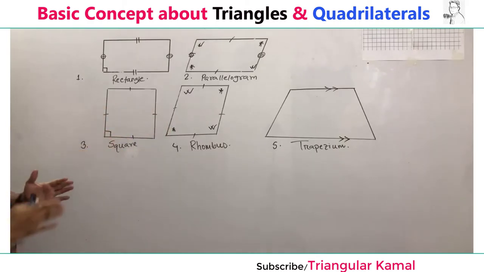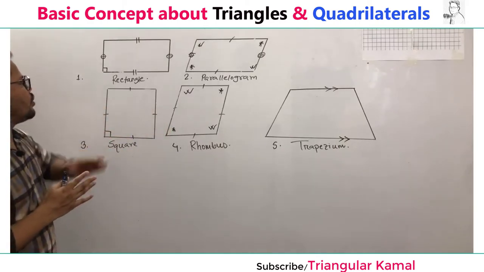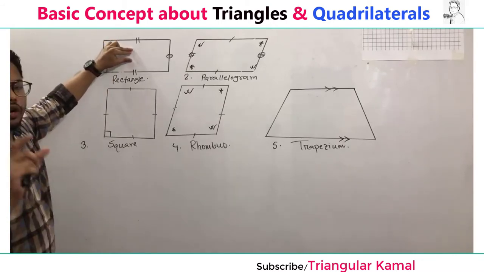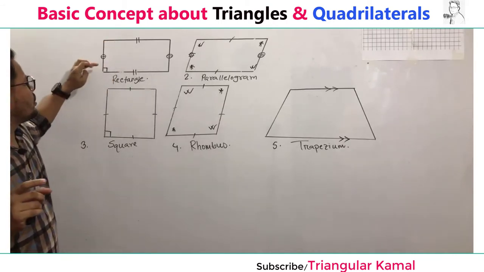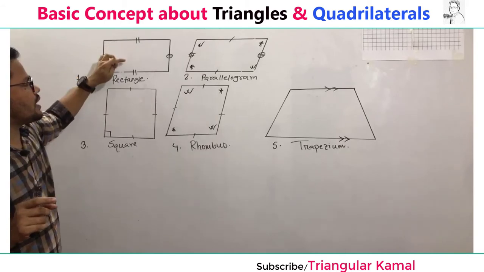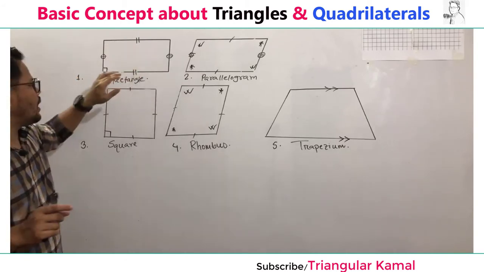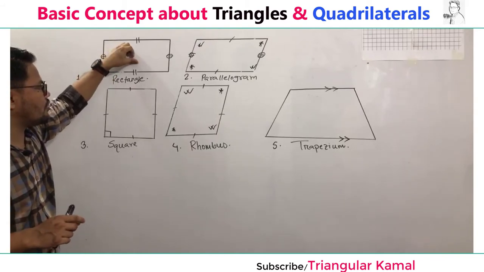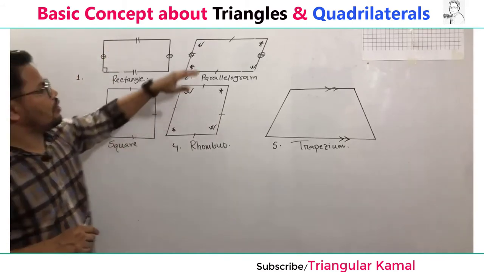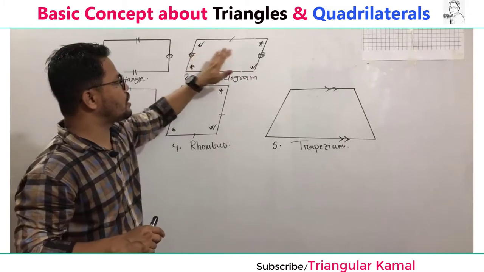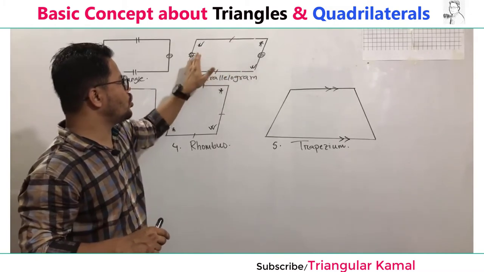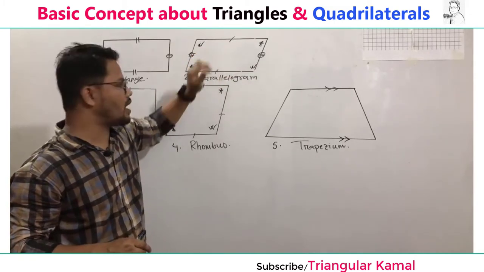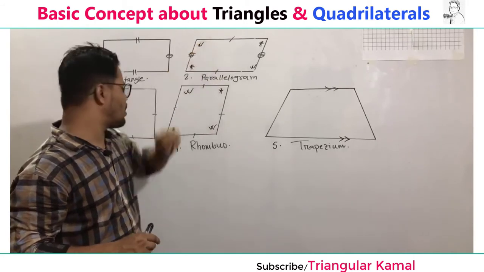So my dear students, let me review their definitions. When in a quadrilateral two opposite sides are equal and each angle is 90 degree, this quadrilateral is called a rectangle. When two opposite sides are equal and parallel, this one is called the parallelogram.